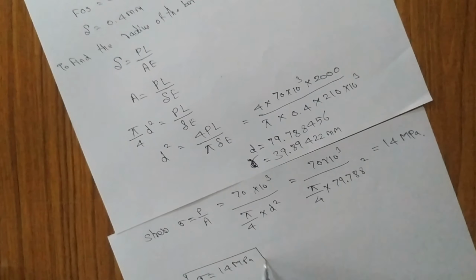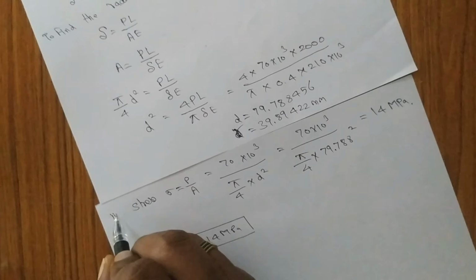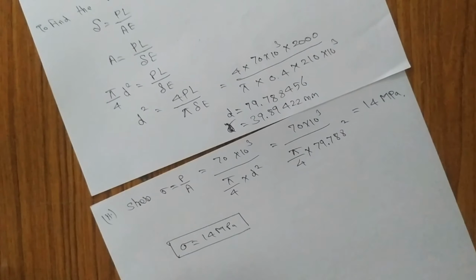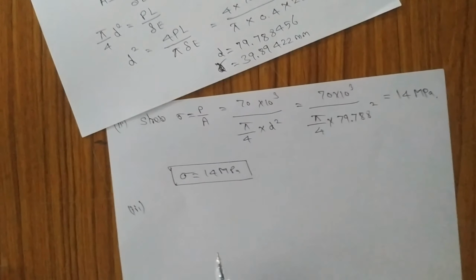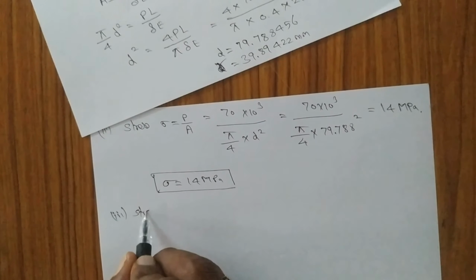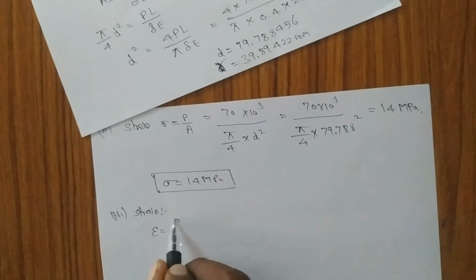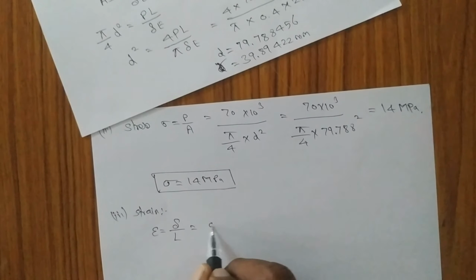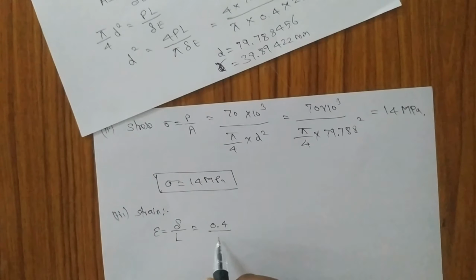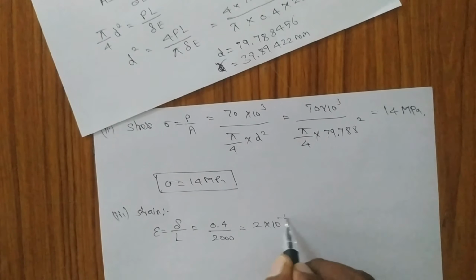Third, the strain value we need to find. Strain equals change in length by original length. Change in length 0.4, original length 2000, then we get 2 into 10 to the power of minus 4.